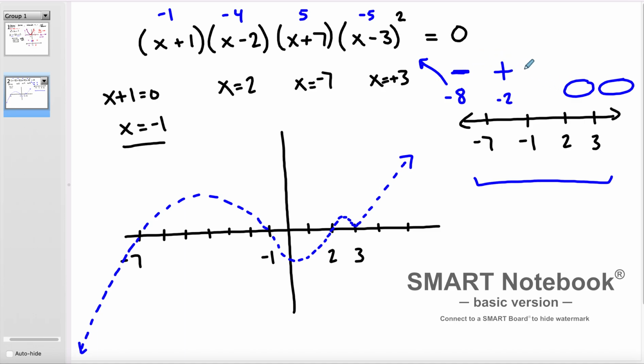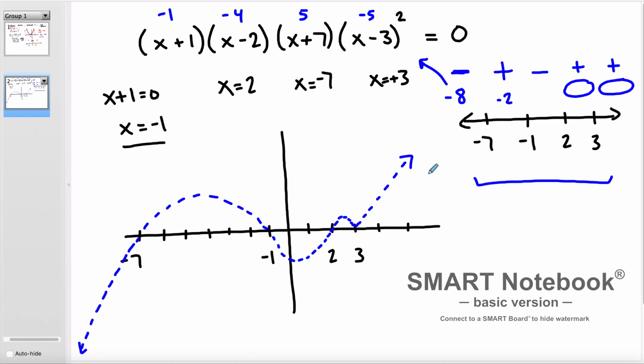So we go negative, positive, negative, positive, positive, okay? If there is no double root, generally, the signs continue to switch off from a negative to a positive to a negative to a positive. The double root kind of blocks that. The double root bounces us back and keeps us in positive territory. So we have negative, positive, negative, positive, boom, double root, bounce, stay in positive, okay?